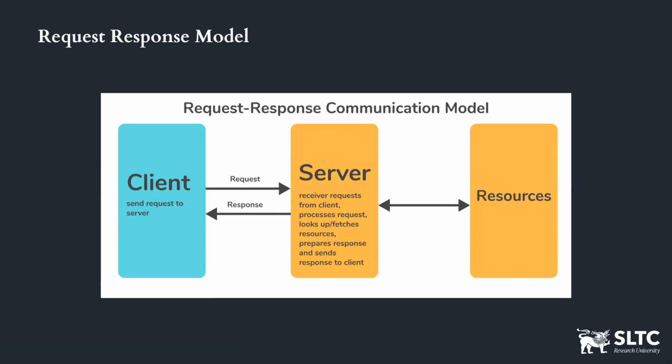The server communicates with the resources and obtains the necessary resources that the client requested. After obtaining that data, the server sends a response message back to the client with the requested data.